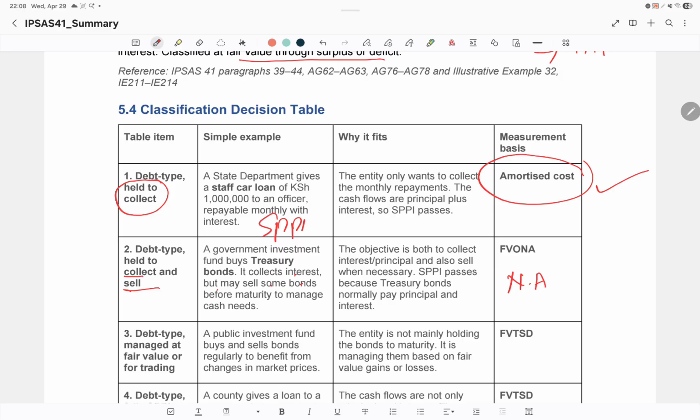This one also passes the SPPI test but may sell before maturity. So the objective is both to collect interest and principal, and also to sell when necessary. SPPI passes because treasury bonds normally pay principal and interest, and therefore you use fair value through net assets.